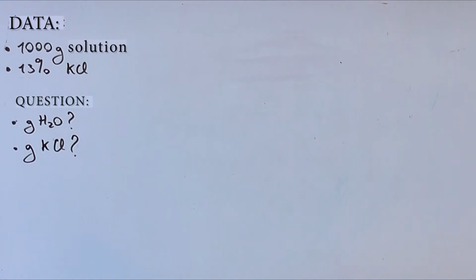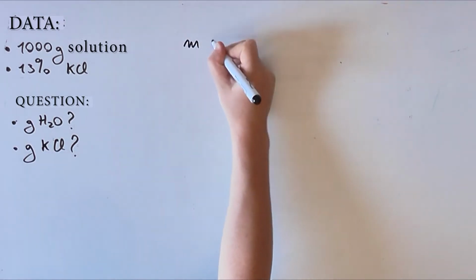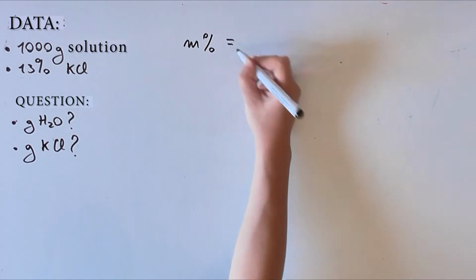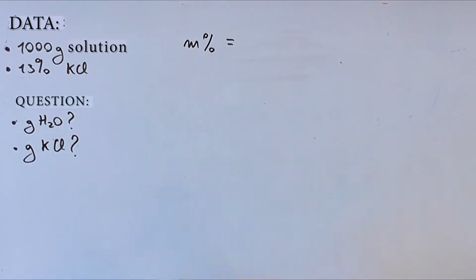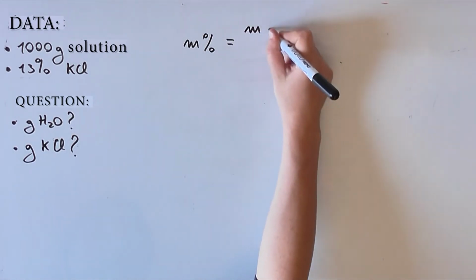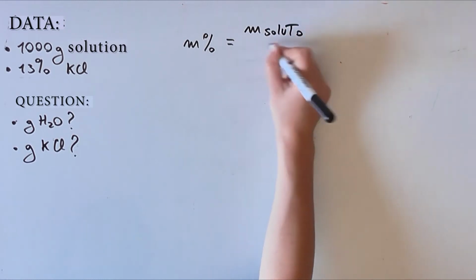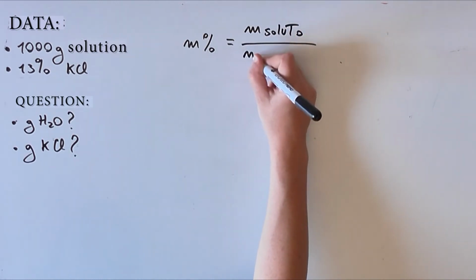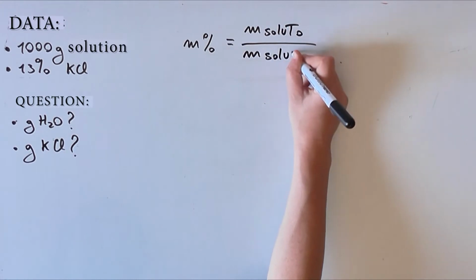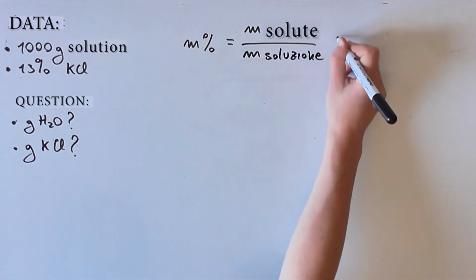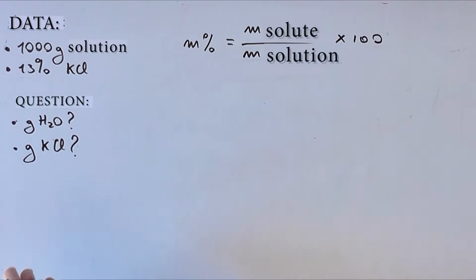So let's pretend we are in the lab. How we can prepare these solutions? We always need to remember the definition of percentage by mass. Let's write it again, as we have done in the first problem. Mass of solute is divided by mass of solution times 100.